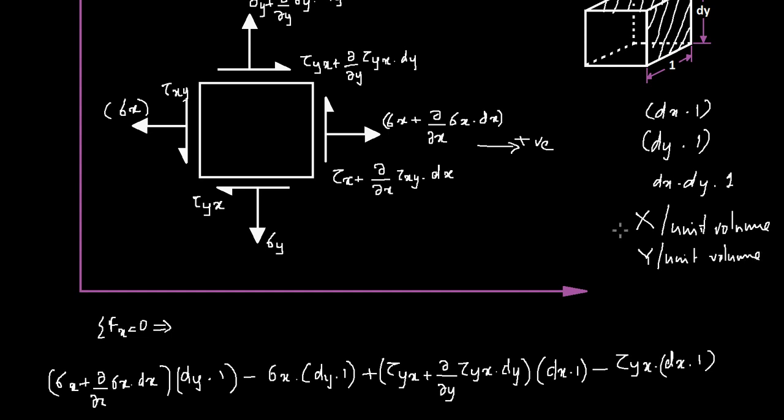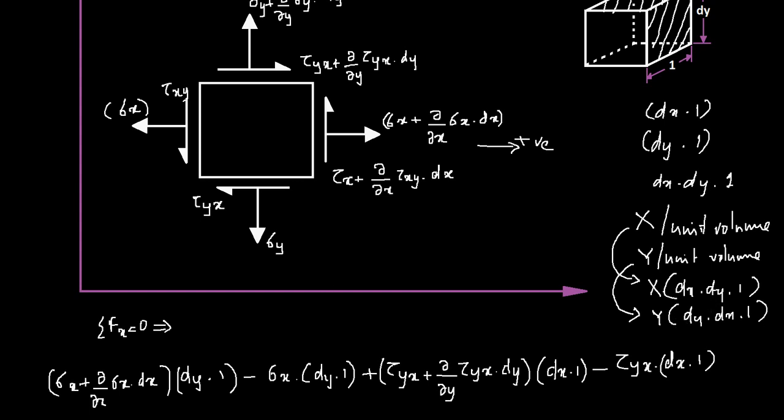Therefore the force corresponding to X will be X times dx dy times 1, because this is the volume of the body, and that corresponding to Y will be Y times dy times dx times 1.